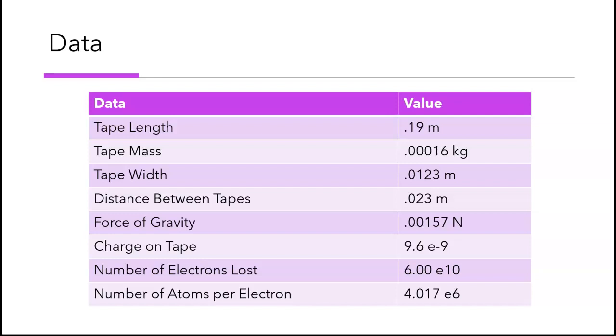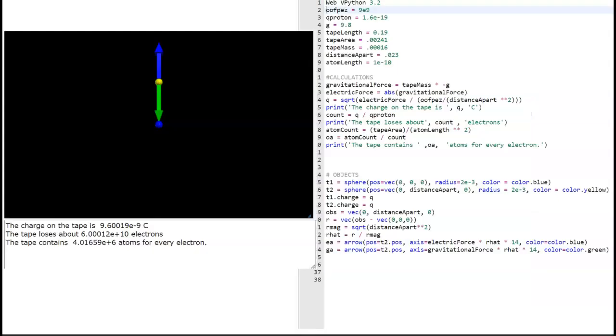We also calculate the number of electrons lost by dividing the charge of one tape by the charge of an electron to get the number of electrons in the tape, and we get the number of atoms per electron by dividing the total area of the tape by the total area of an atom.